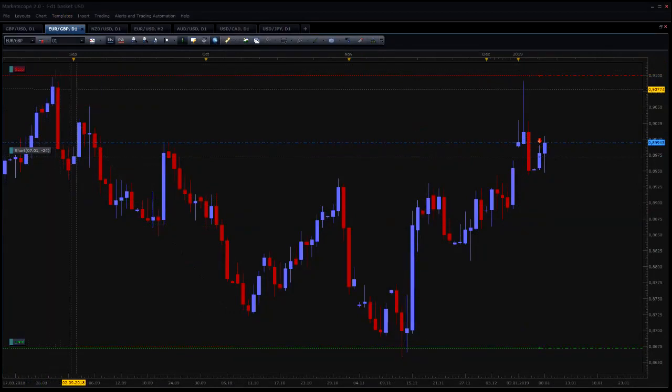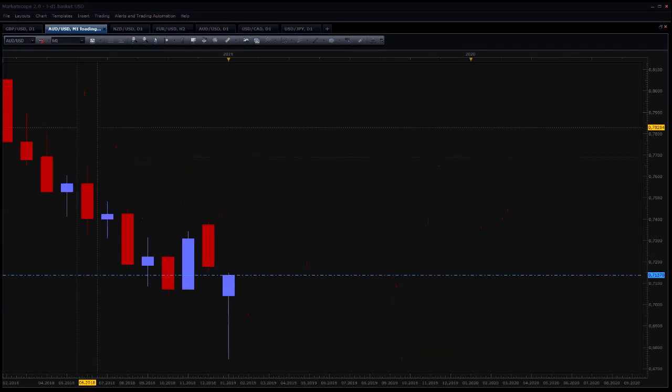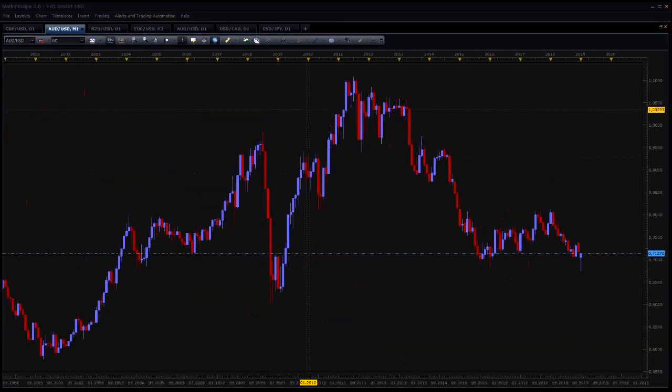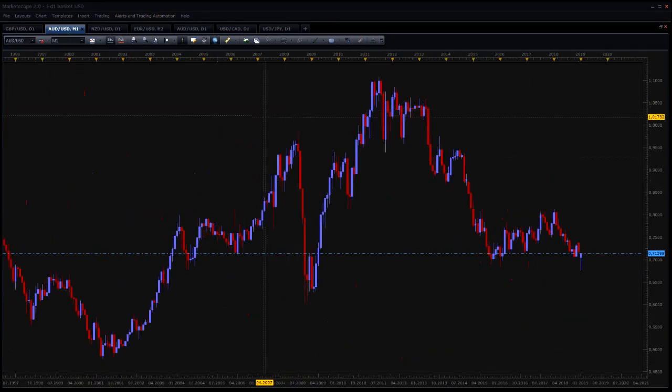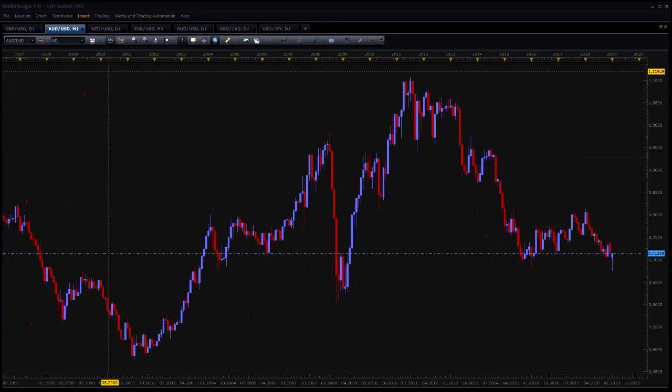Okay, let's go from the start. Aussie dollar, monthly chart. I know I'm fast. When I scroll, I'm really fast, so I'll try to be slow when it counts.